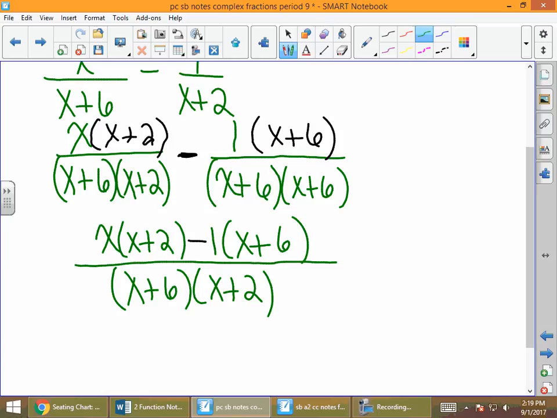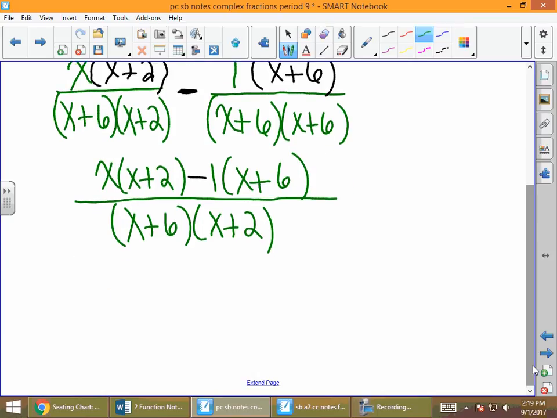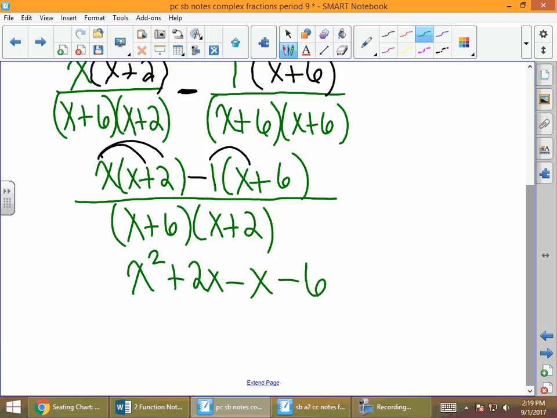And so far all that we've done is we've been dealing with the top of our fraction. When we distribute, we get x squared plus 2x. But over here is the kicker. It's negative 1 times x, and that's not what people miss. It's the negative 1 times the positive 6, which is negative 6.